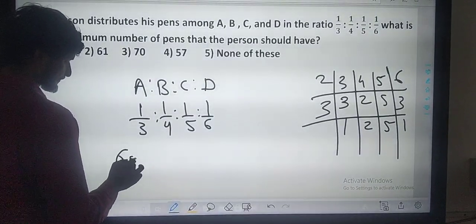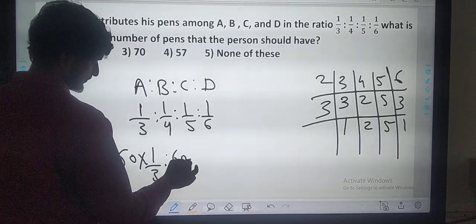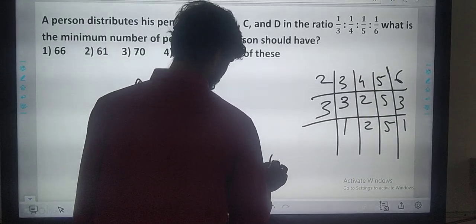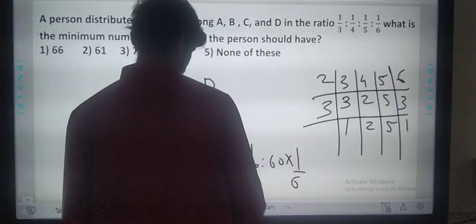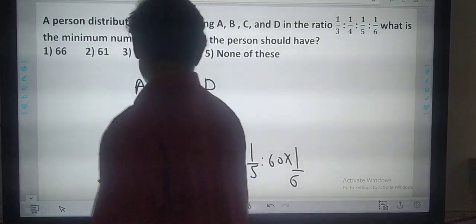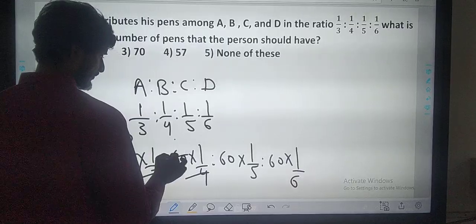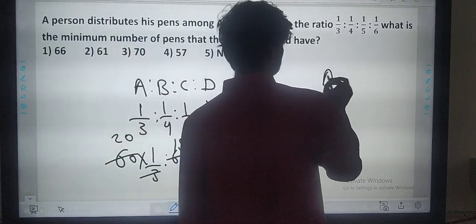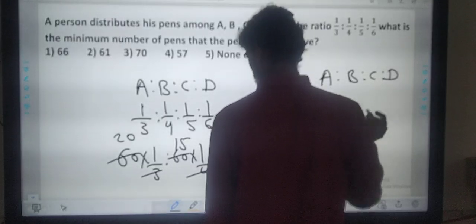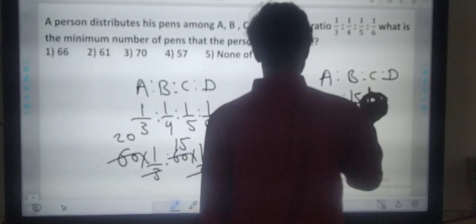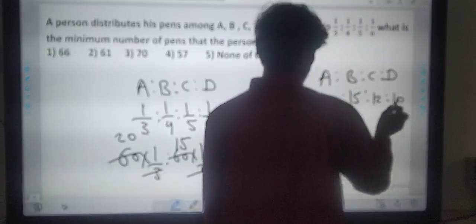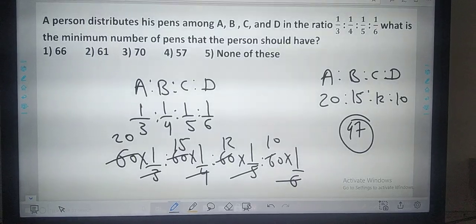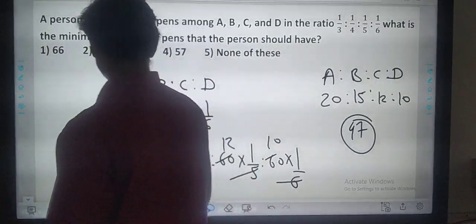We will multiply by 60 here. Then the ratio of A : B : C : D. The minimum number of pens they should have is 342.